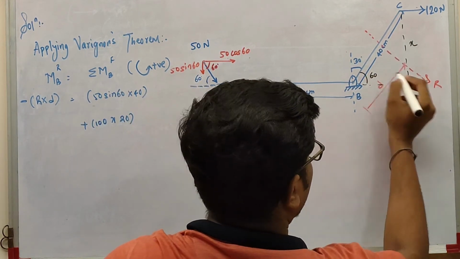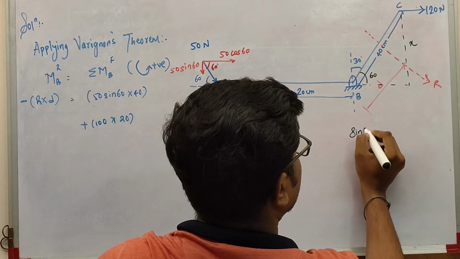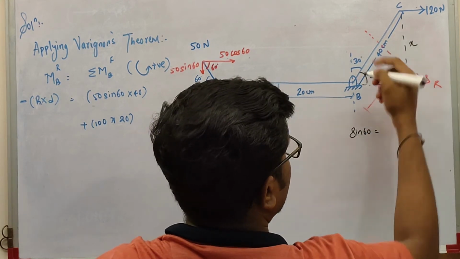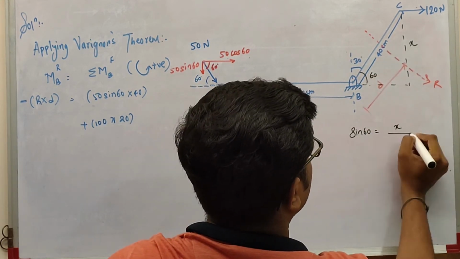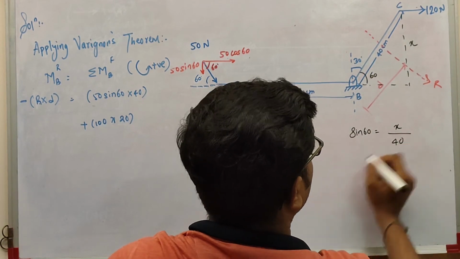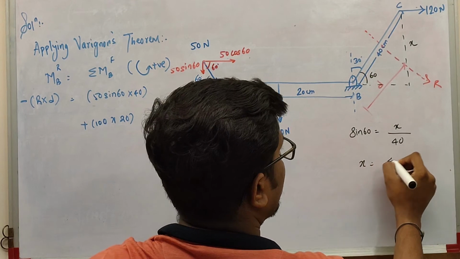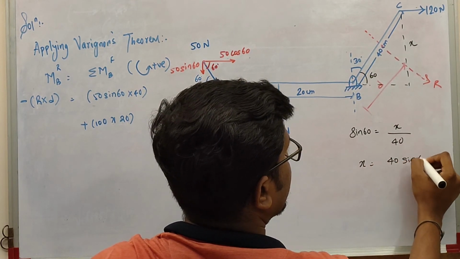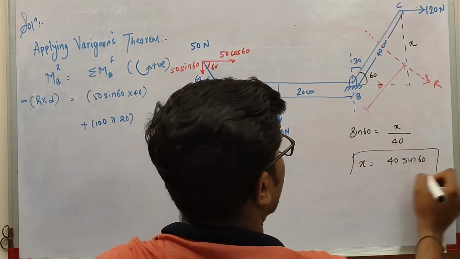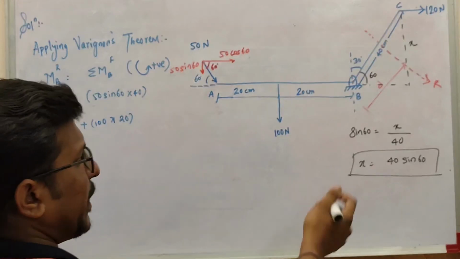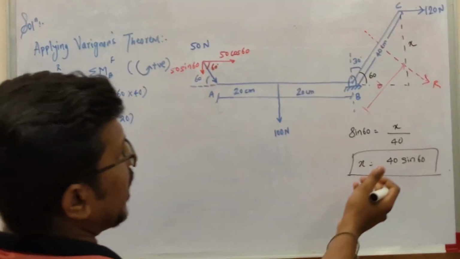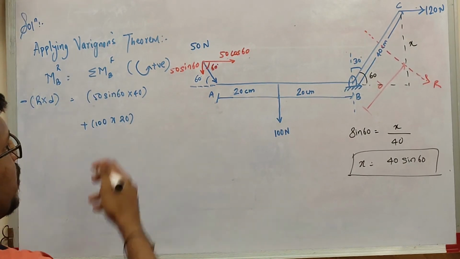Sine 60 is equal to opposite upon hypotenuse, that is x upon 40. So the hypotenuse is 40, and x is 40 sine 60. I'll keep it as it is; if you need to, you can calculate the value and put it here.